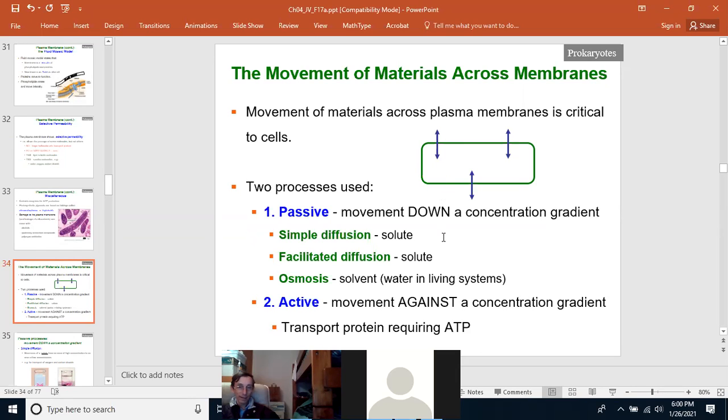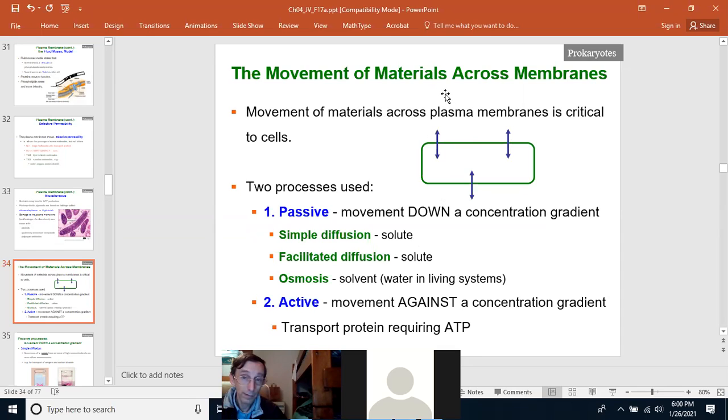I'm going to use the example of the fructose transport protein. It acts by facilitated diffusion. When you eat fruit, the fructose in your gut will be higher inside the gut than inside the cell of the intestinal lining.